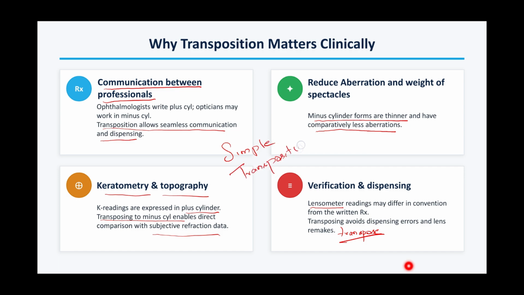As I already told, it is conversion of a spherocylindrical prescription into a different power cylinder, for example, a plus cylinder into a minus cylinder, without changing the final optical value. Our final optical value must be the same. So this is the use of simple transposition.